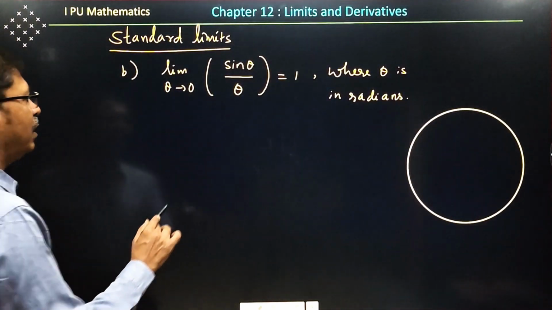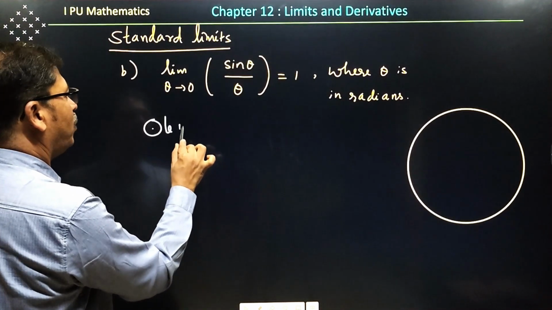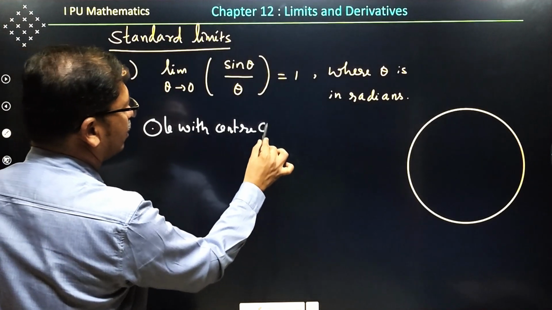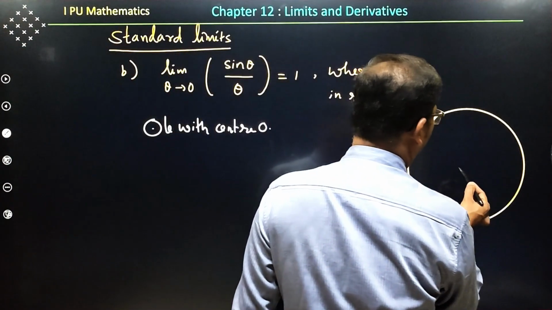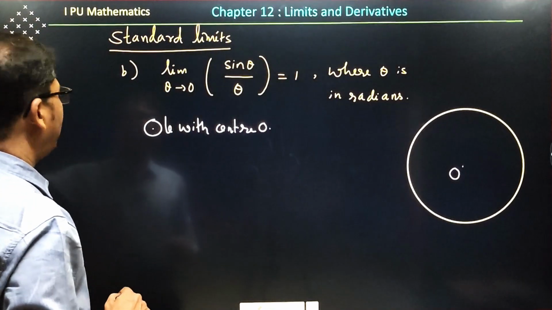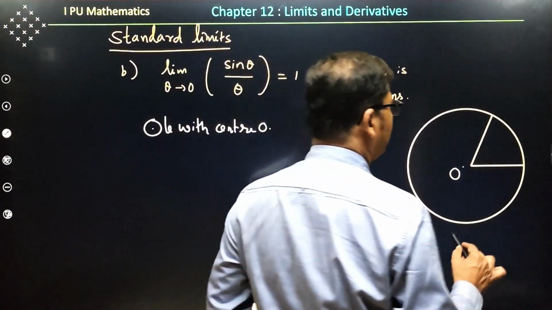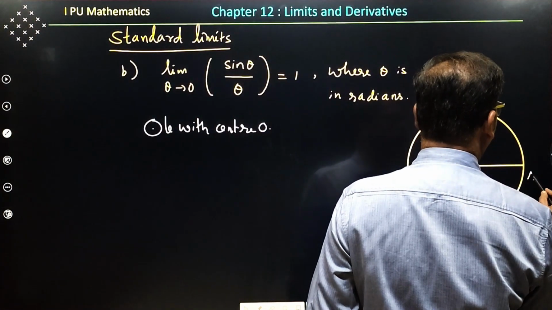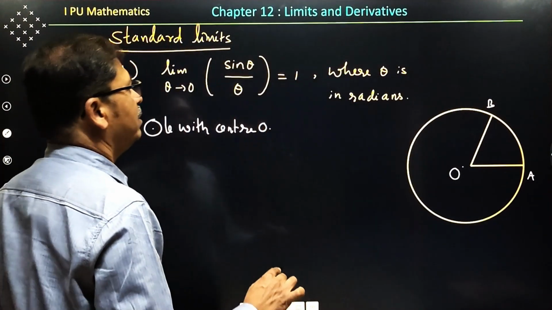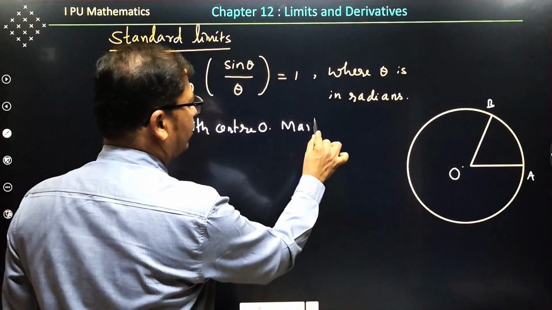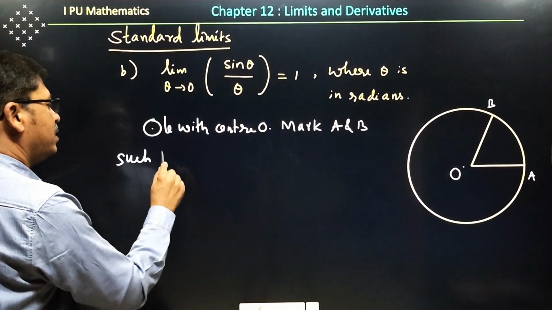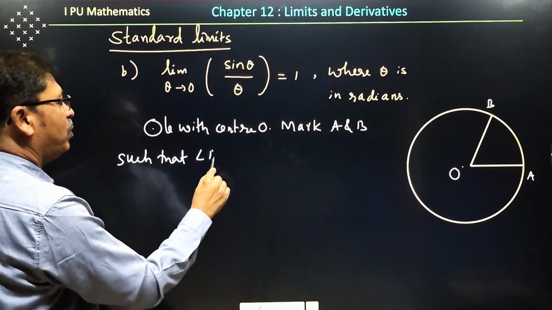Here is a circle with center O, and on the circle I would like to mark 2 points A and B. This is the point A, this is the point B. I have marked A and B such that angle AOB is equal to theta.